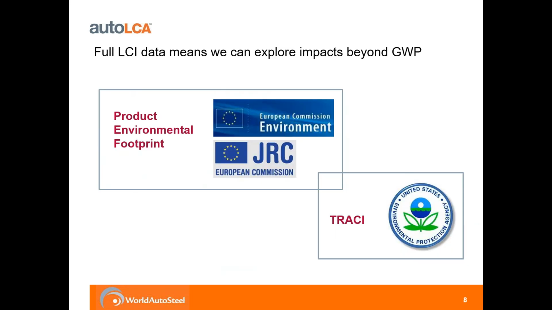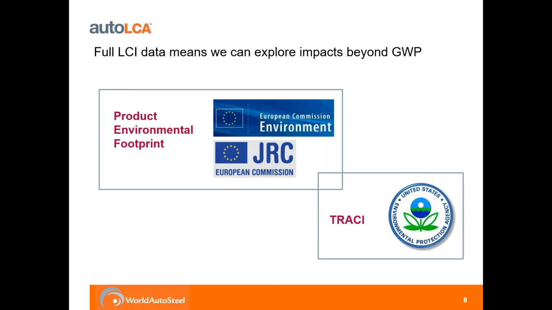There are several ways to examine the impact in different environmental indicators. These are called impact assessment tools. There are many impact assessment tools available in the Gabi database. We simplify, for the purposes of Auto LCA, to just a couple.